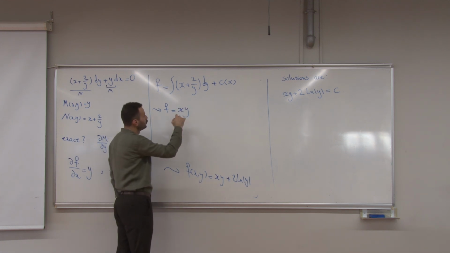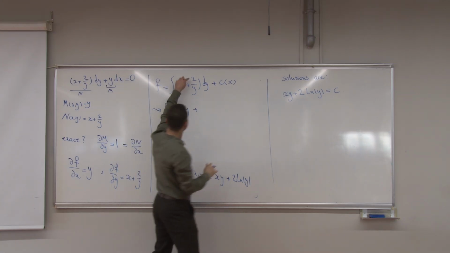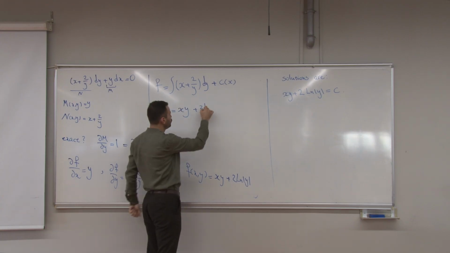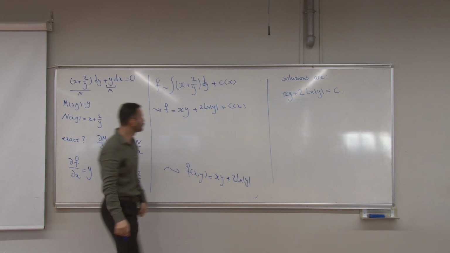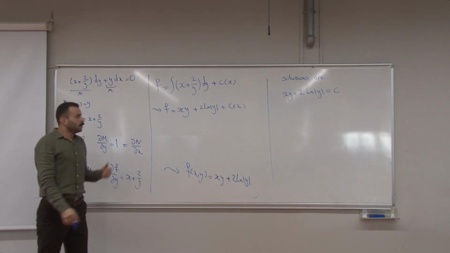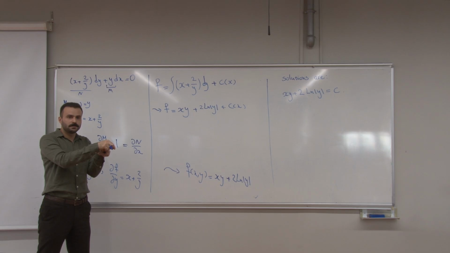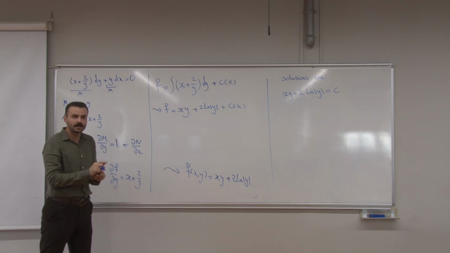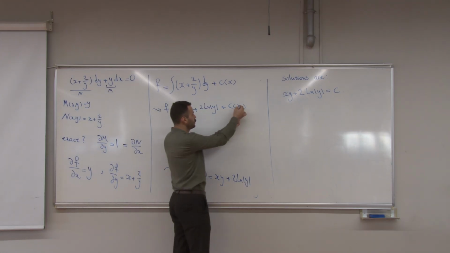Yes, y, plus 2 times the integral of 1 divided by y, that is 2 ln of y, plus c of x. We have done one integration. What is the next step? To take derivatives, right? To come back again. But this time I'm going to take derivatives with respect to what? X here, right?